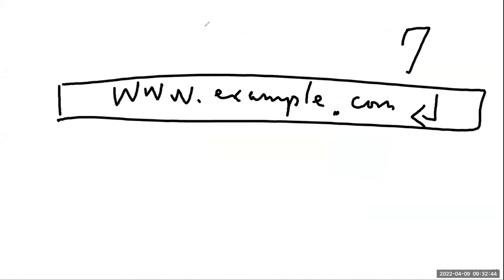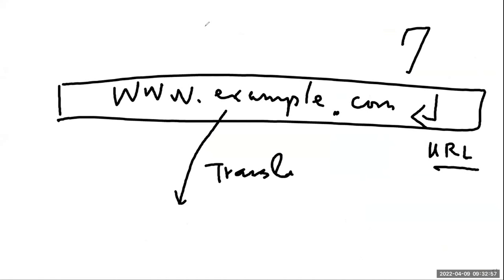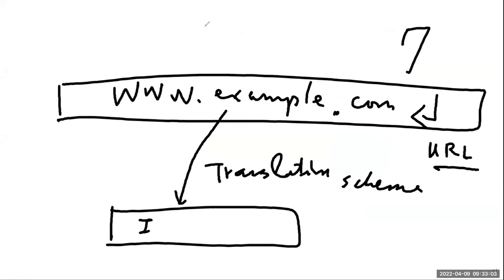So you hit return, and the URL is sent to the browser. The browser engine tries to find the IP address, so there is a translation scheme that we use. Eventually, you need to identify the IP address.